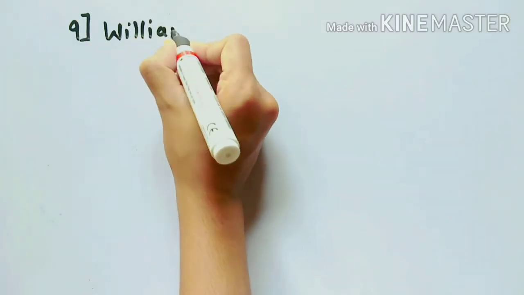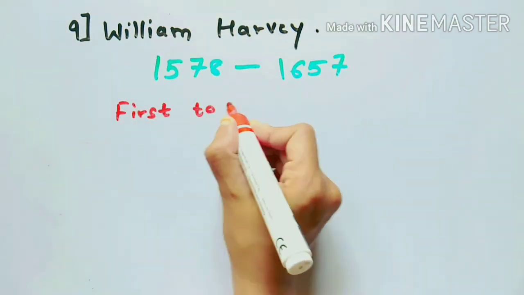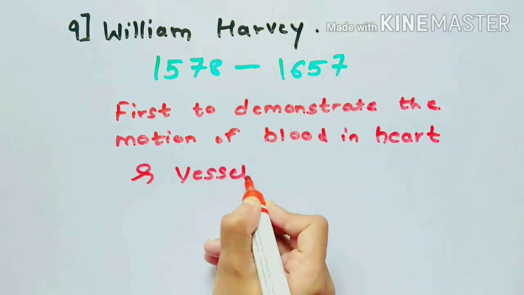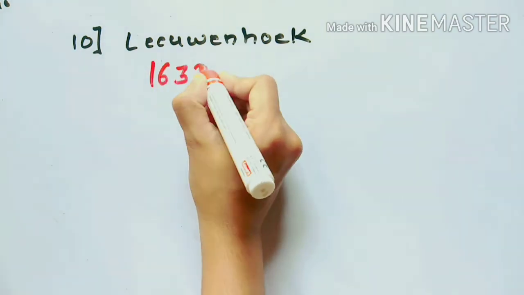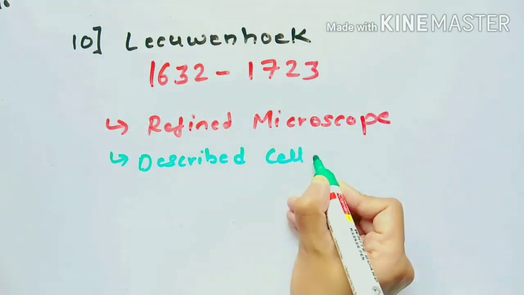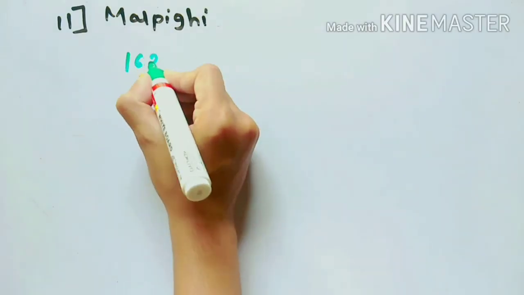Next is William Harvey. He was the one who demonstrated the motion of blood in the heart and vessels. Next is Leeuwenhoek. He improved the microscope and described cells and tissues. The next is Malpighi.